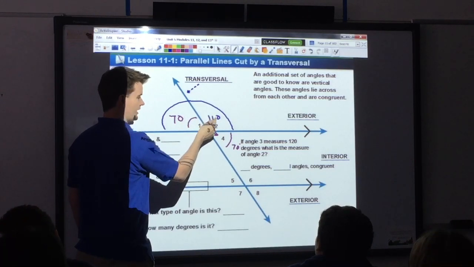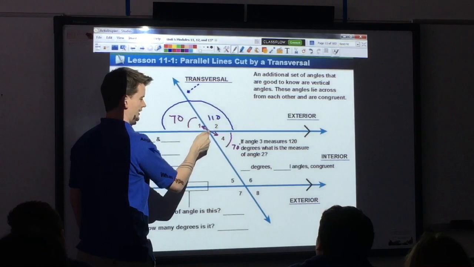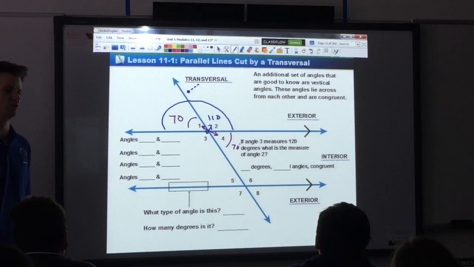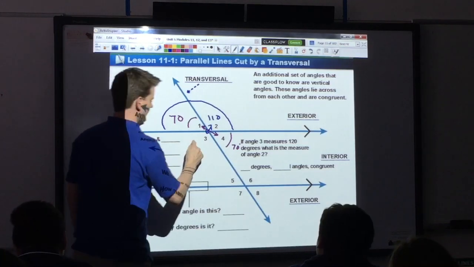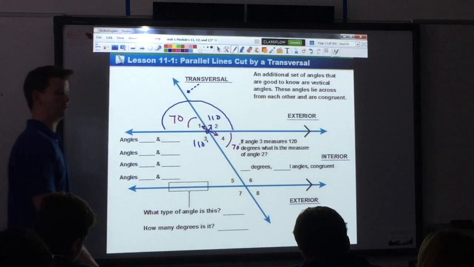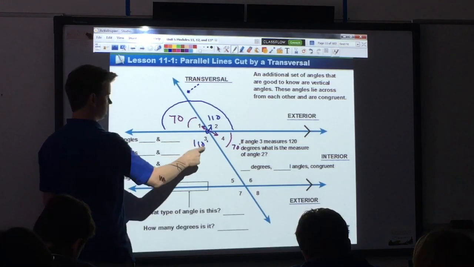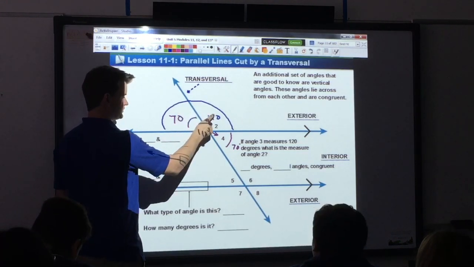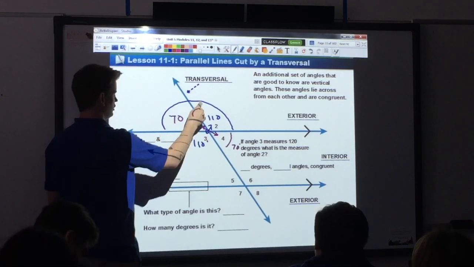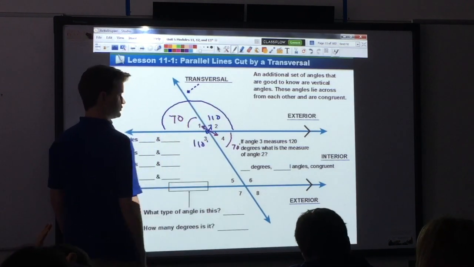So if I know that angle 2 is 110, the vertical angle to angle 2 is angle 3. What does angle 3 have to equal? 110. And that should also make sense because if I add all 4 of these up, what should they equal? 360. 110, that's 180, that's 290, that is 360 degrees, also known as a full circle.